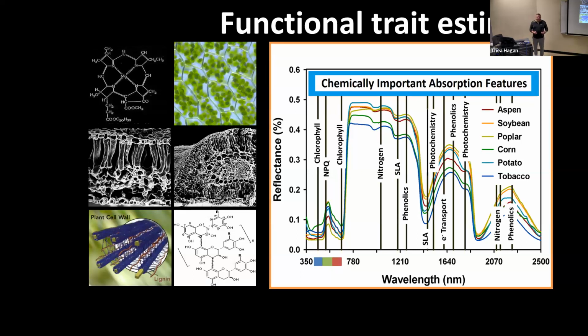Well, there's a number of known chemically important absorption features throughout the spectrum related to chlorophyll, pigments, proteins, phenolic compounds, leaf thickness, electron transport for Jmax. So we can exploit those absorption features and relate them to variation in the spectral data.